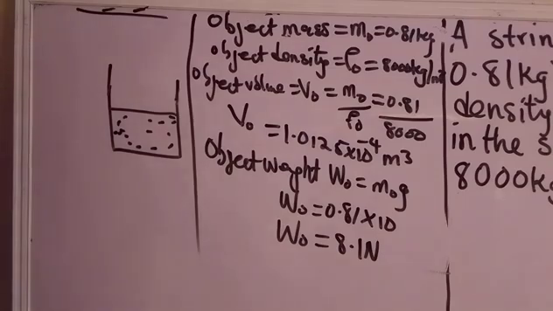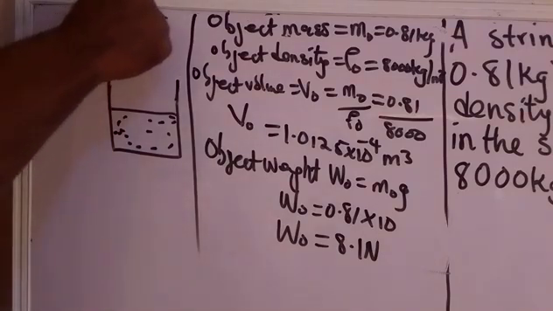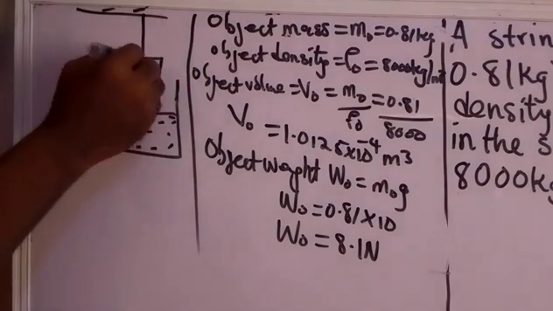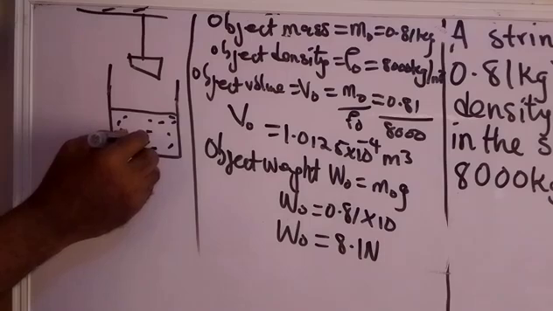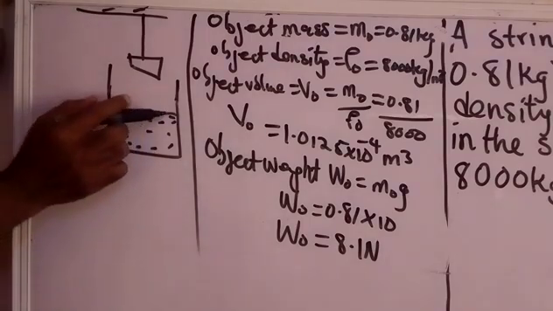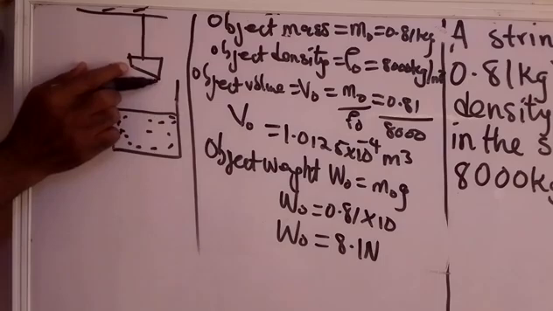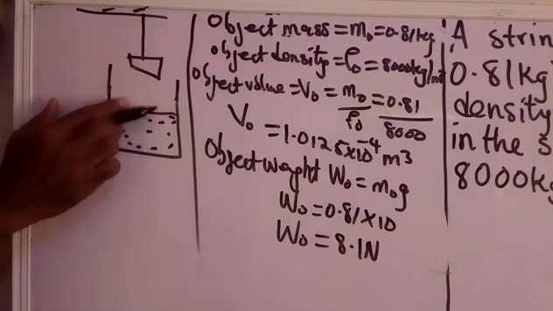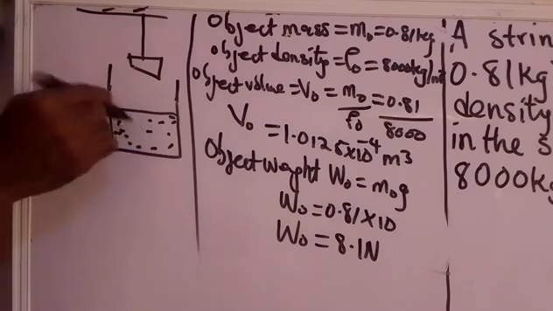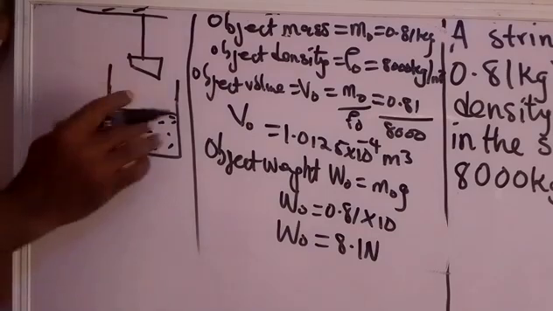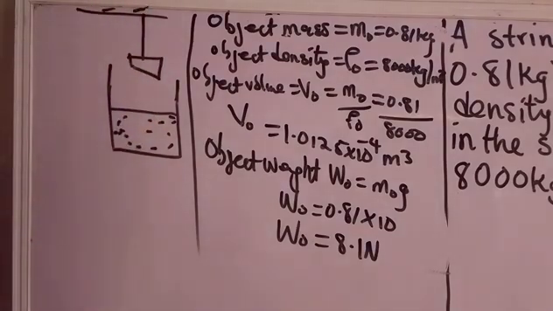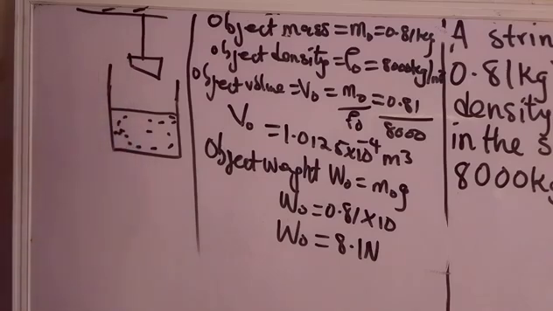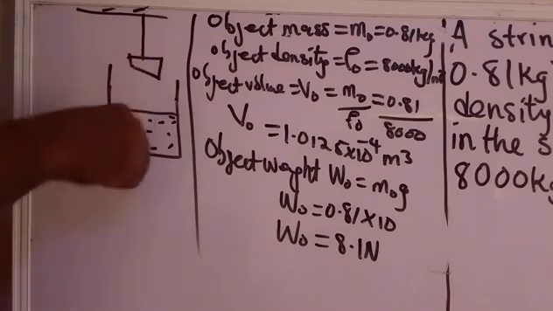Okay, now if you bring this iron object, if you lower it into this liquid in the container, you expect the height of the liquid to rise, because there will be additional matter occupying this environment. Of course, water particles are there already. For this one to join, the volume will go up. Now, how do we know by how much will the volume rise as a result of this object coming in?